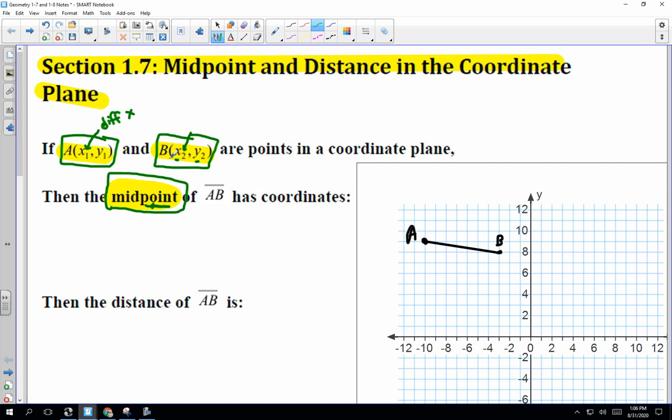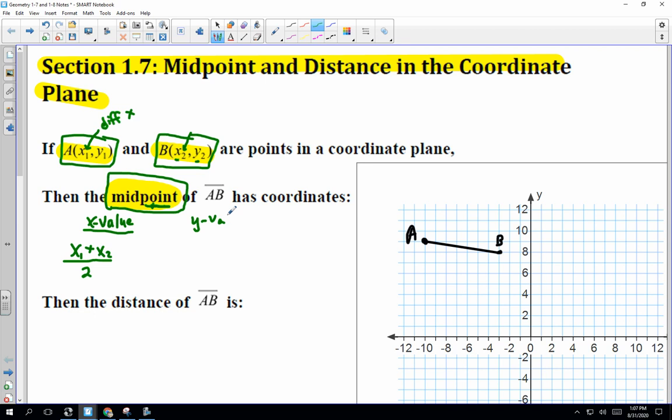So our x value is going to be the average of these x's. So it's going to be your first x plus your second x divided by 2.